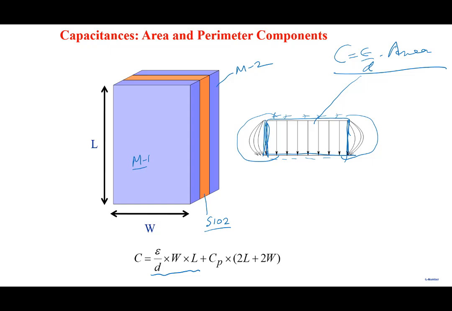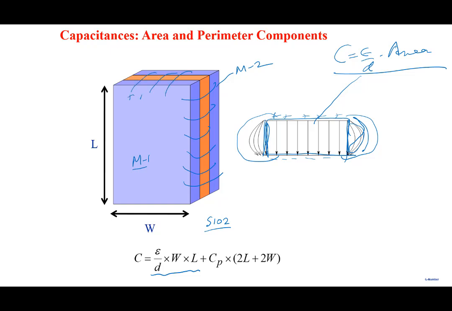But then there is a fringe capacitance that comes about, and the fringe is only related to perimeter, because fringe is not the area component. Fringe is all along the sides, because of the field here, the field here, here.